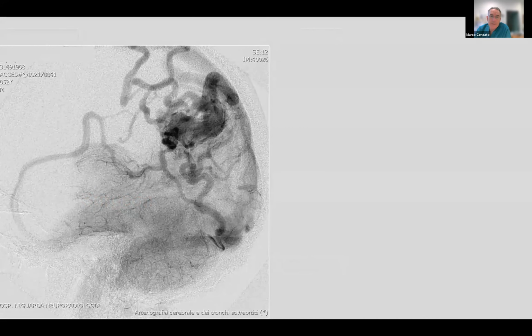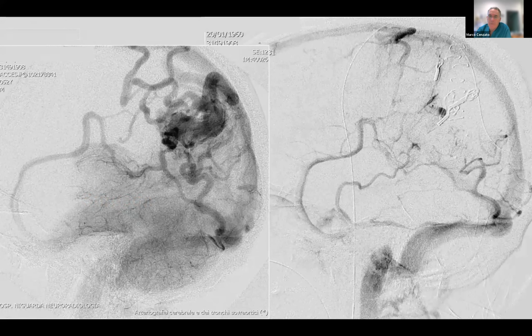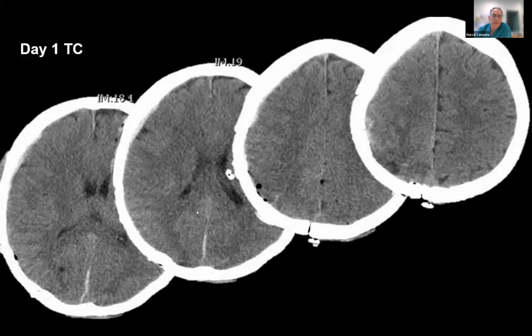The nidus itself is not such a big deal. It's not eloquent, and so, focusing on the nidus itself, we considered it surgical. Then we operated, we took it out, no immediate problem, but this was a CT scan on day 1.